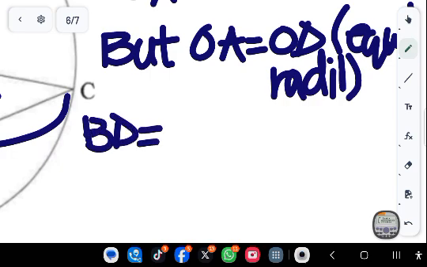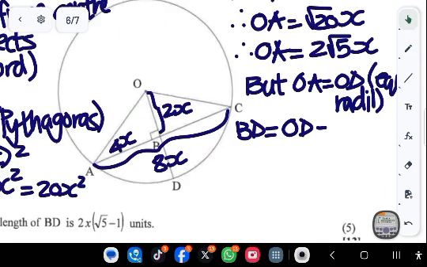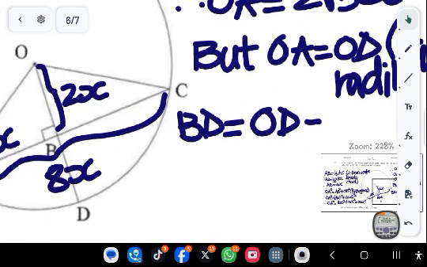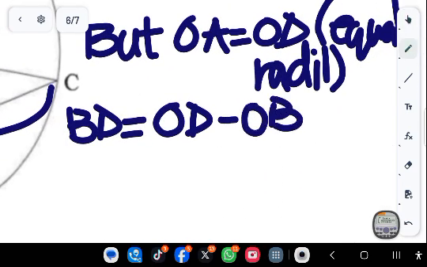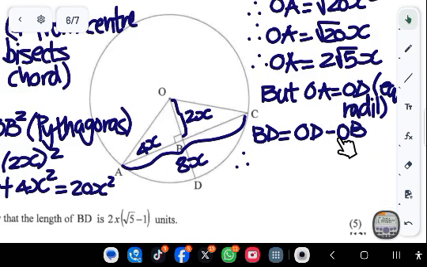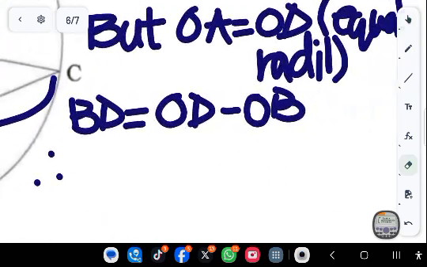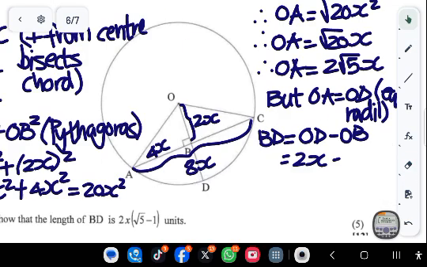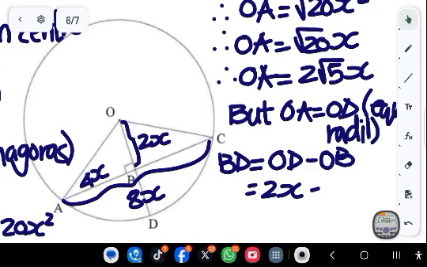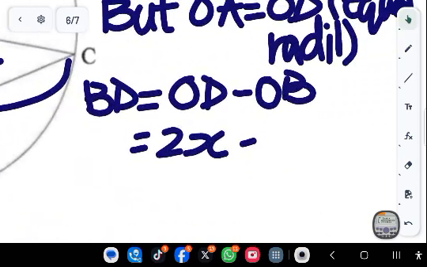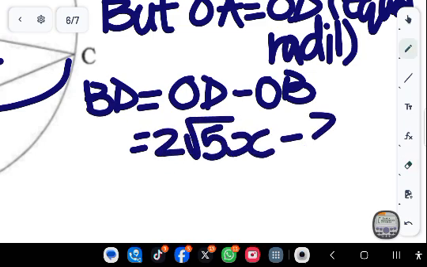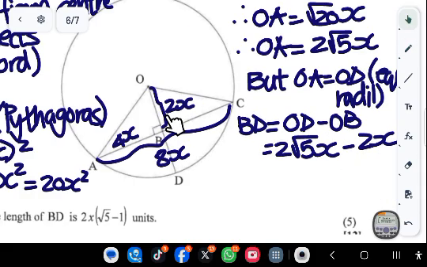OD, oh no, OD is equal to OA, sorry. OD is 2 root 5x, minus OB, which is 2x. Okay, correct.